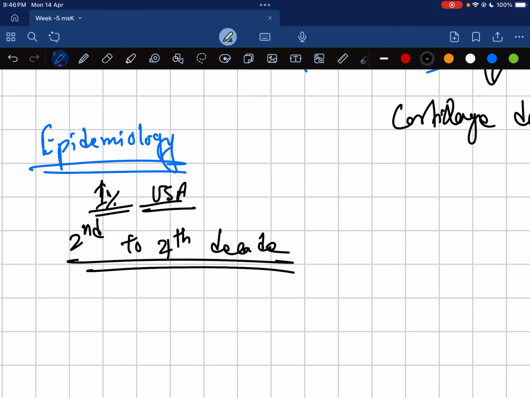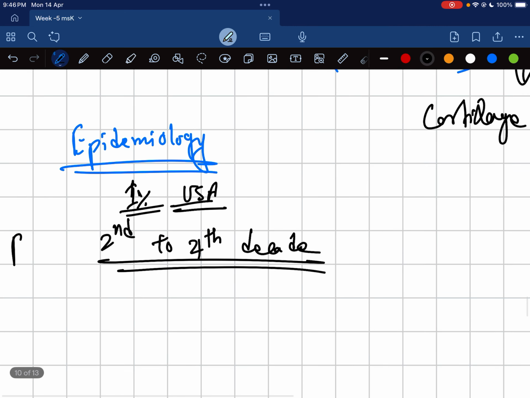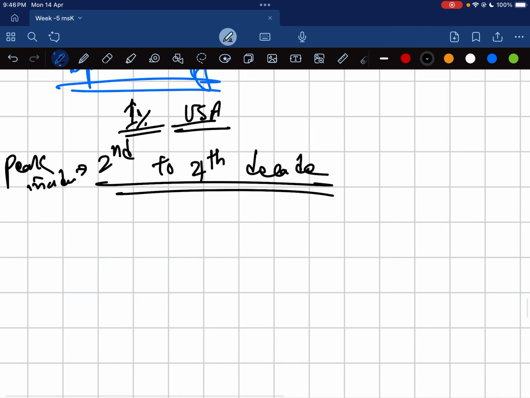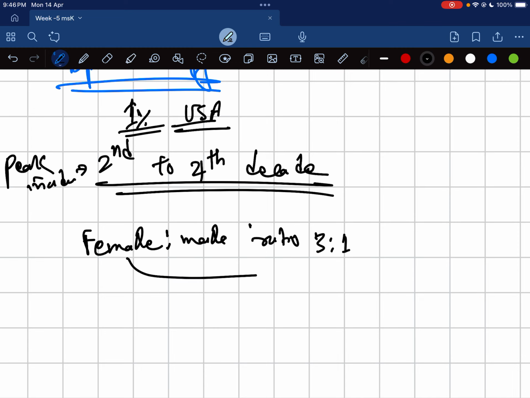Females are more prone than males. The ratio is 3:1, so females suffer three times more than males.